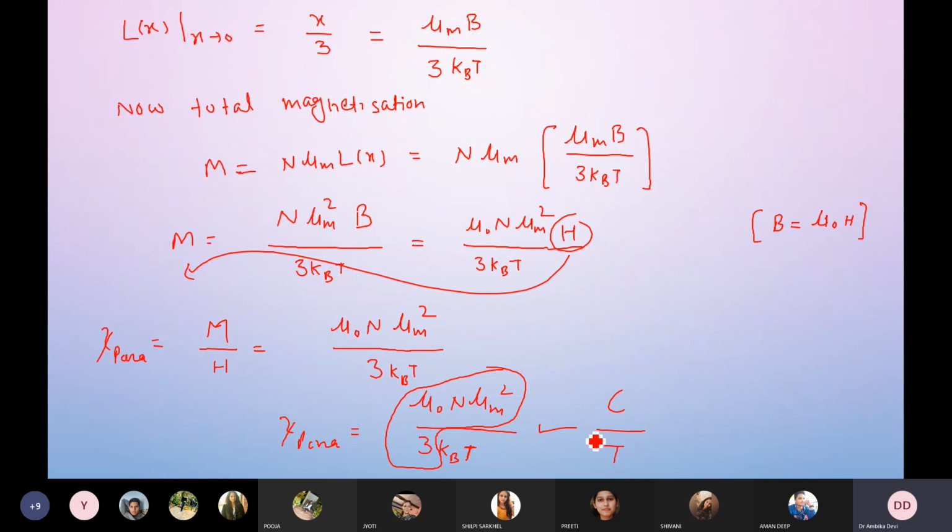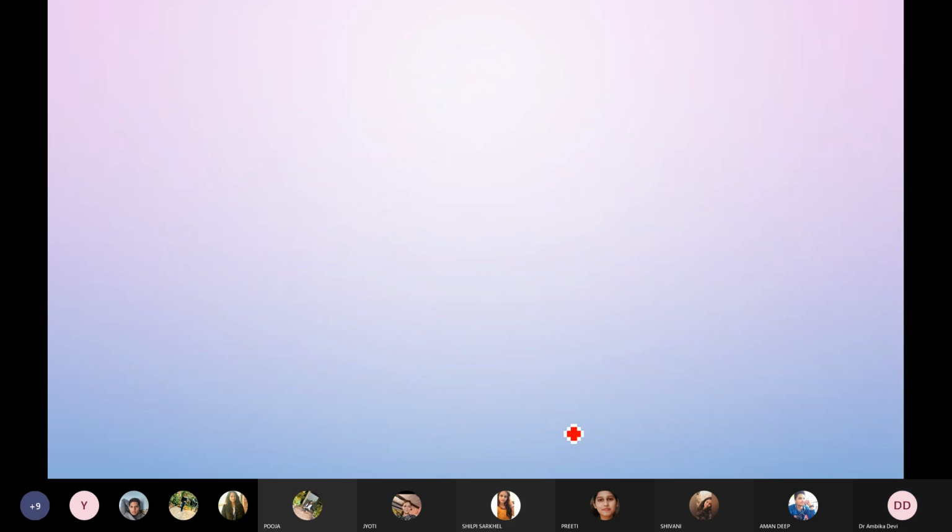Where C is known as Curie's constant. C is called Curie constant, and its value is C is equal to mu naught n mu m square divided by 3 kb.